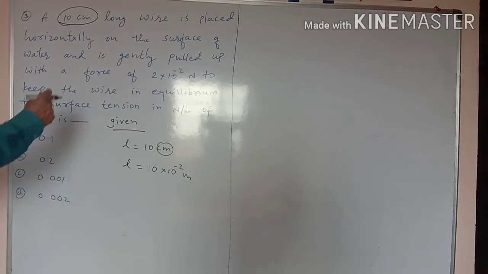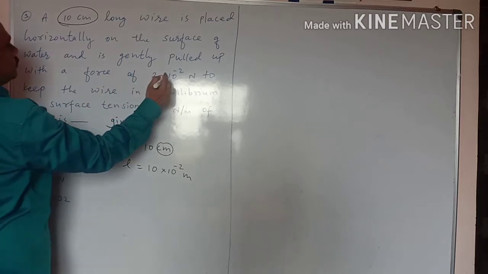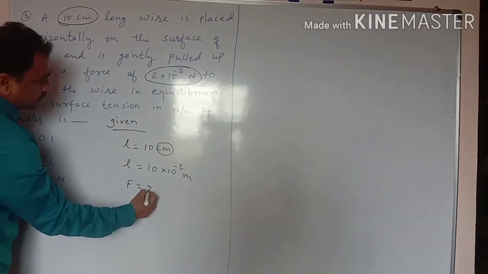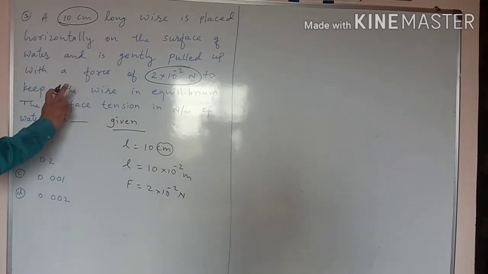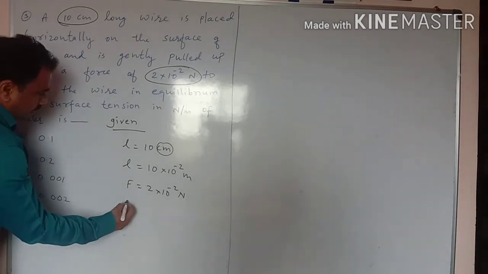The wire is gently pulled up with a force of 2 into 10 to the power minus 2 Newton. Then the surface tension in Newton per meter of the water is, you have to calculate what?